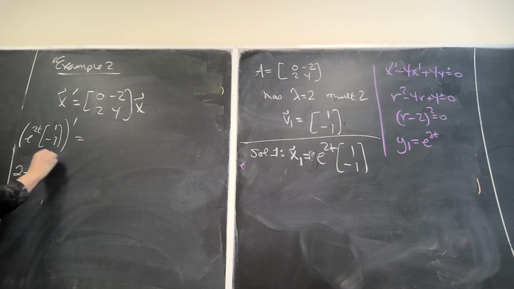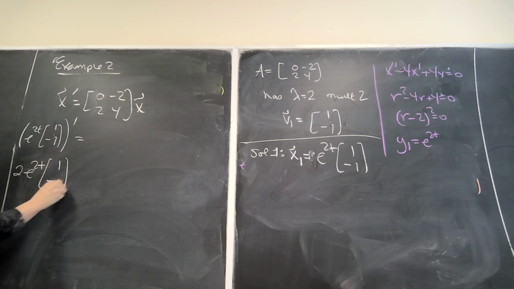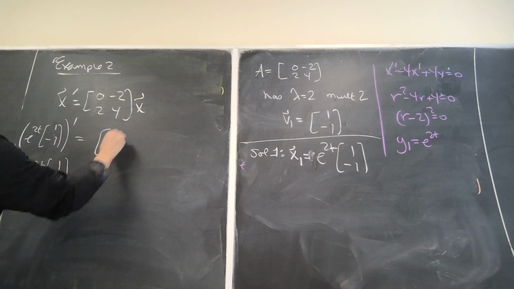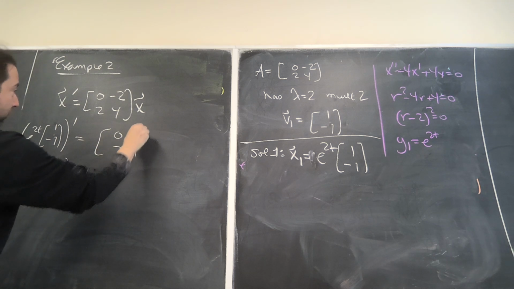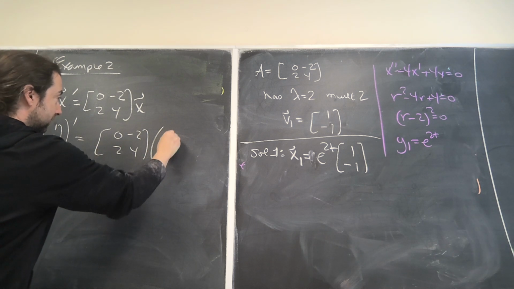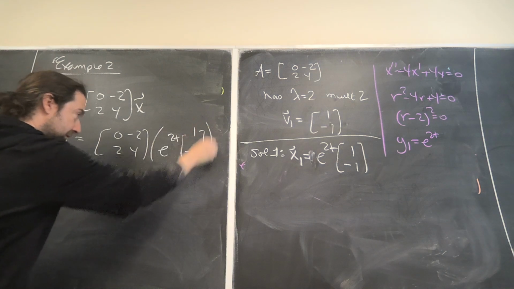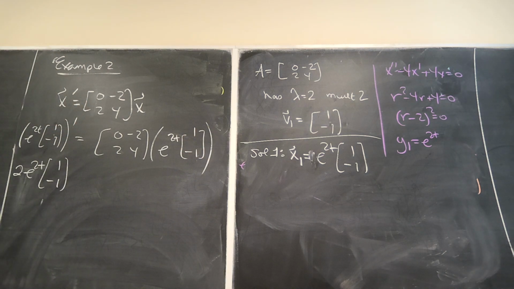So we get 2e to the 2t times the vector 1 minus 1. On this side, we get an extra copy of 2 that came from taking the derivative of this exponential. What about the other side? 0 minus 2, 2, 4 times e to the 2t times 1 minus 1. Well, scalars factor out of matrix multiplication.